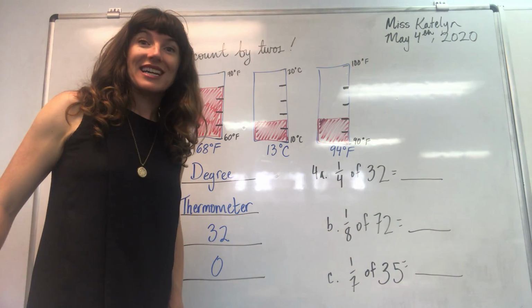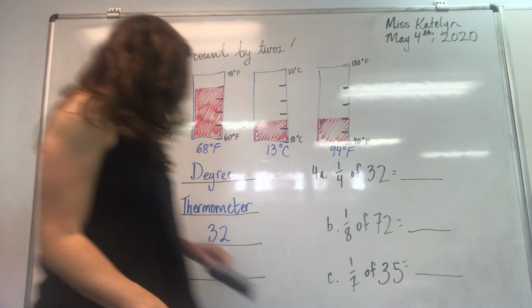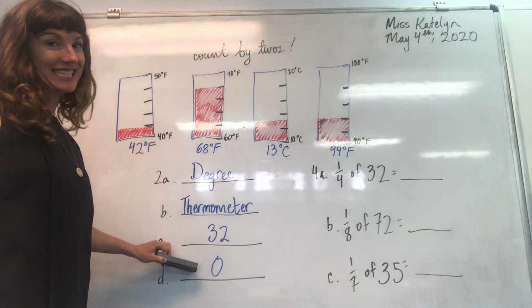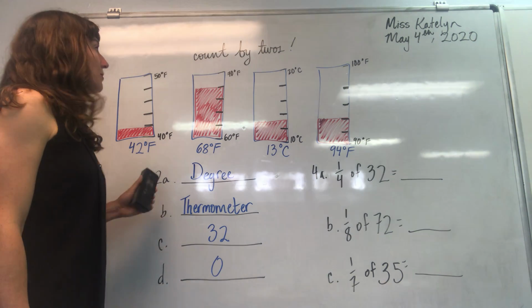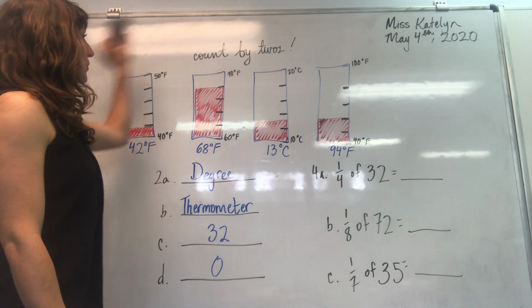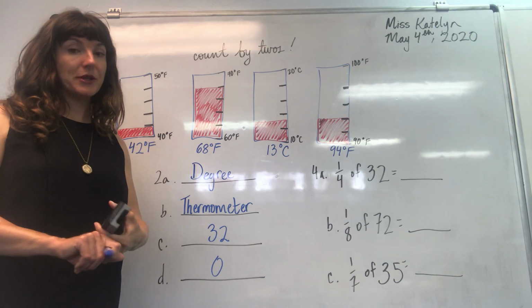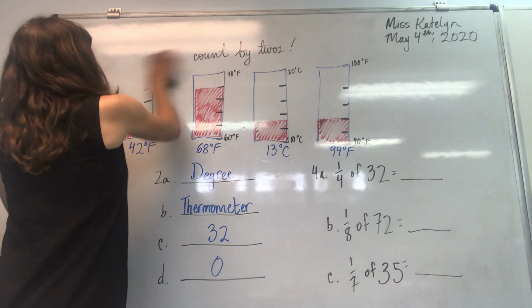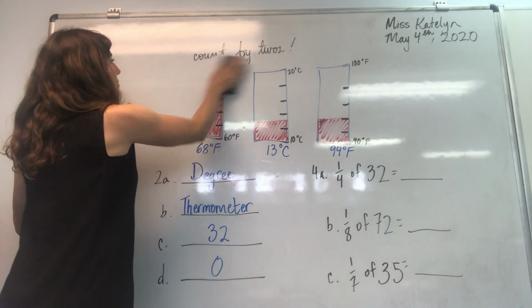Okay, so that's degree, thermometer, 32, and 0. Okay, so I'm going to erase all of this because we have a couple measurement equations to do. And we'll go ahead and tackle those.